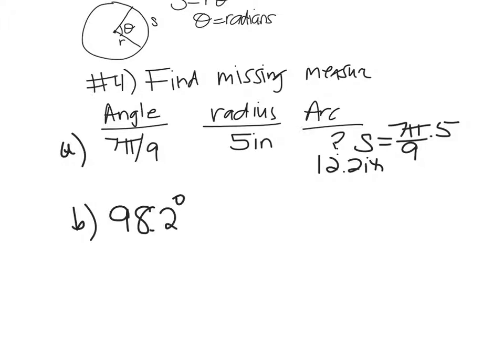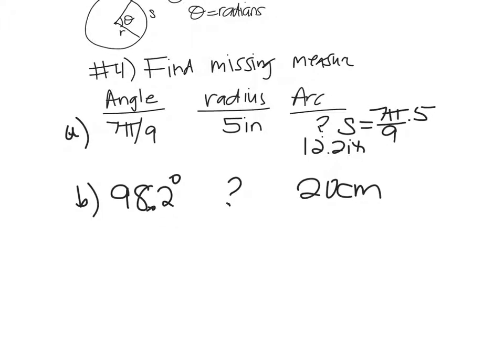This time the radius is missing, and the arc length is 20 centimeters. Before you can plug this into that formula, S equals R theta, you need to convert. So we're going to take 98.2 degrees and convert this into radians.